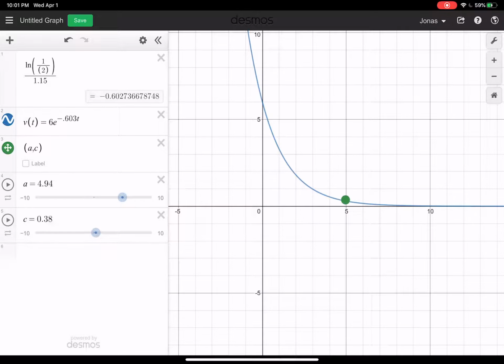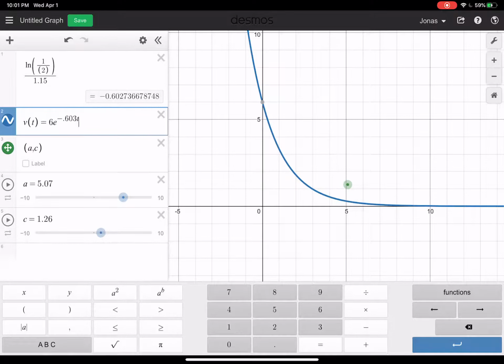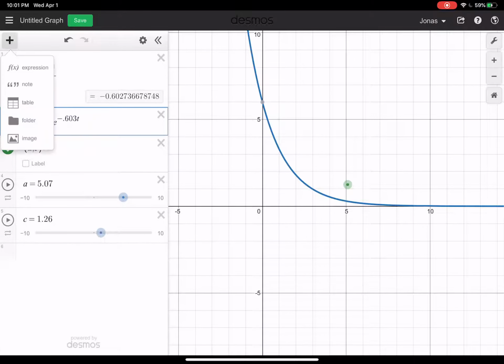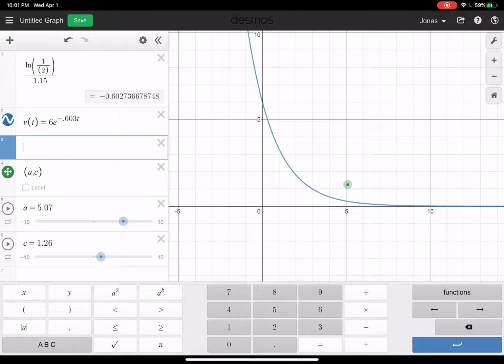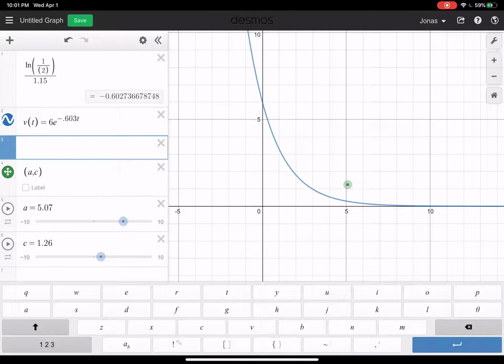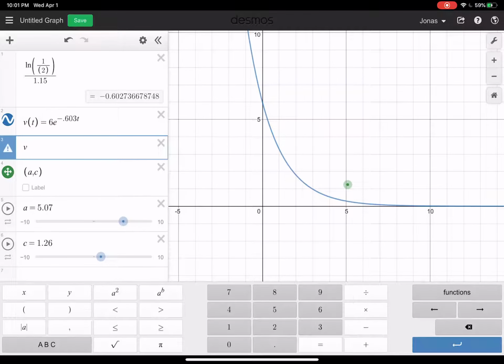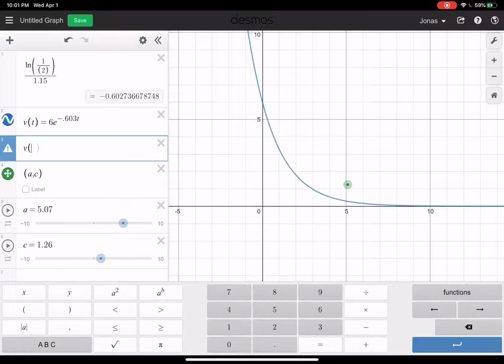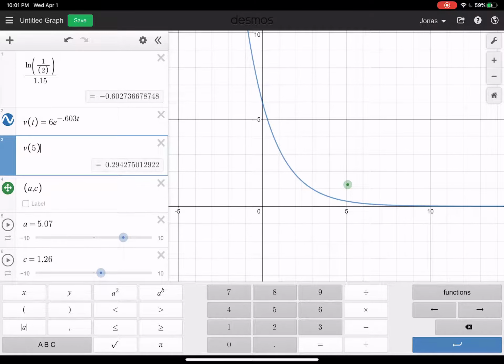It looks like at the 5-hour mark, we would want to plug in to our formula. We would like to plug in the number 5 for t, and we can do that here just using the notation that we established already. Our function is v, and we want to put in v of 5.